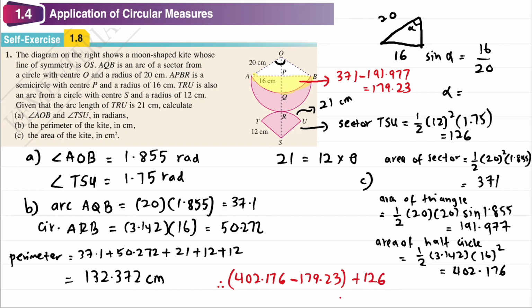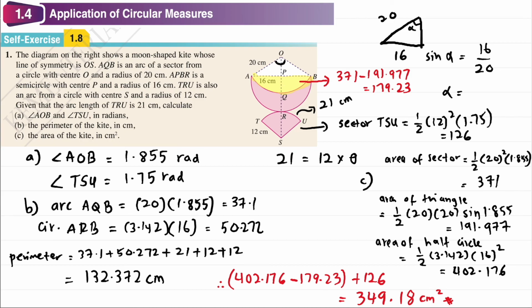So when you press everything, you will get the answer. Area of kite is 349.18 cm squared. Done. Okay?